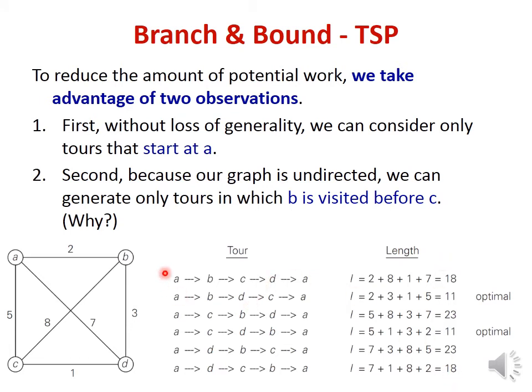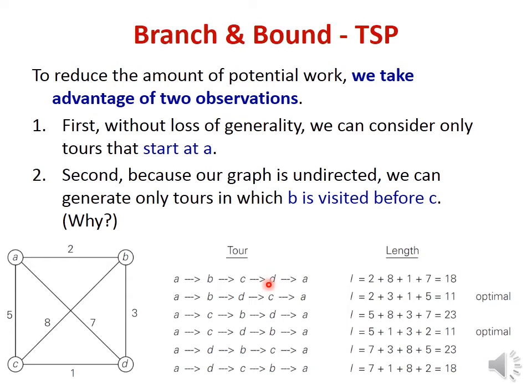So just to make these 6 solutions equivalent to 3 solutions, let us assume that in our path B always comes before C. If you assume that constraint, then this is a valid path, this is a valid path, and this is a valid path.